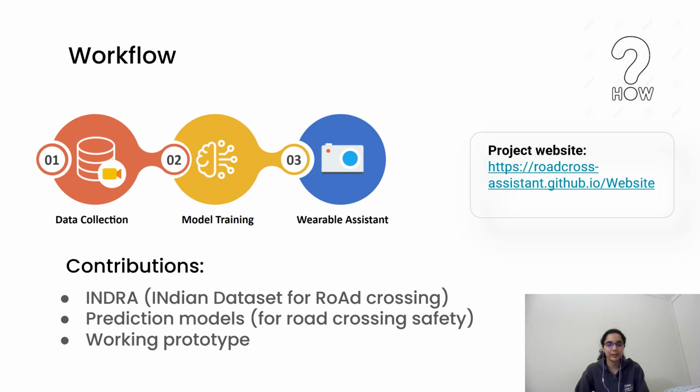Hence, I introduce INDRA, Indian Dataset for Road Crossing, the first dataset of this kind. Next, I also present an analysis of rigorous training experiments performed to develop a road crossing safety classifier. Further, I also present a low-cost and feasible working prototype of road crossing assistant which can potentially be used by visually impaired people to cross roads in real time.